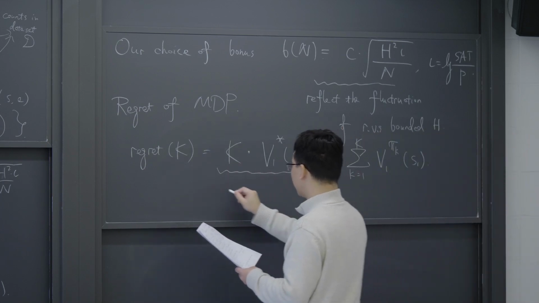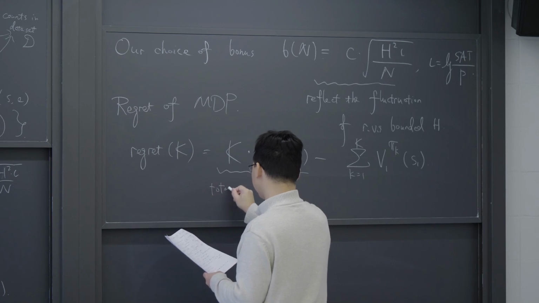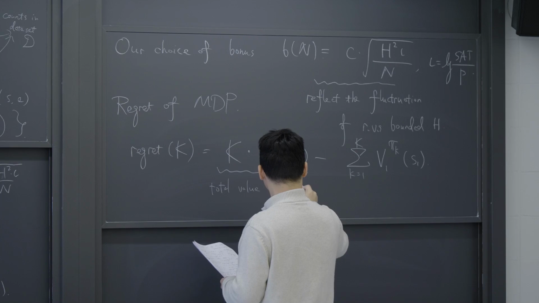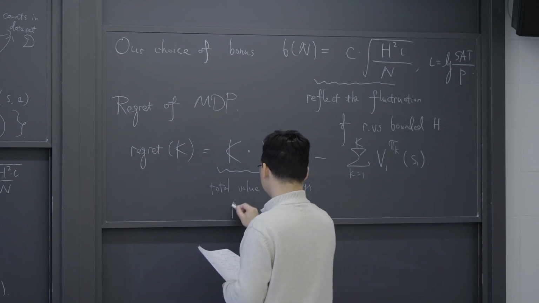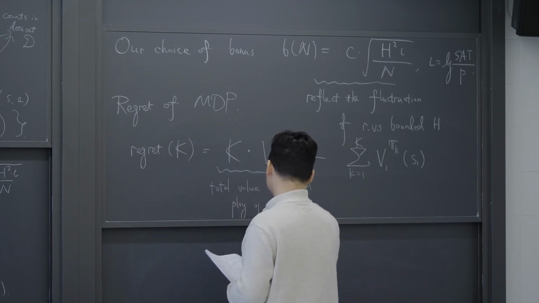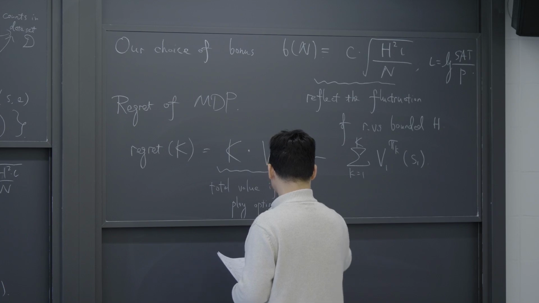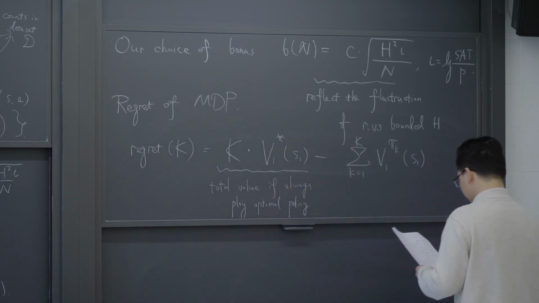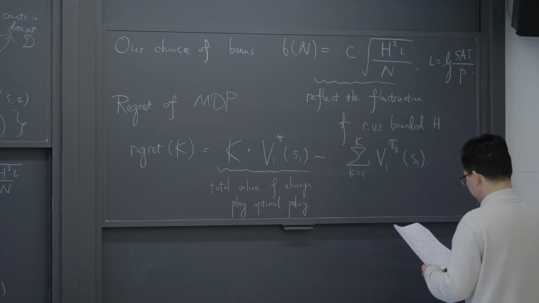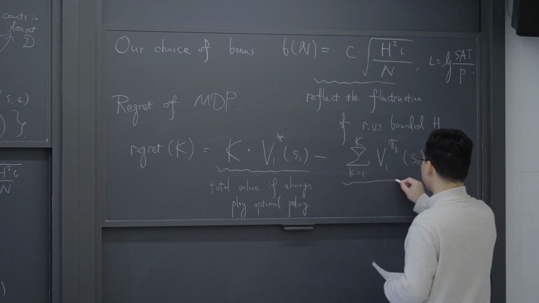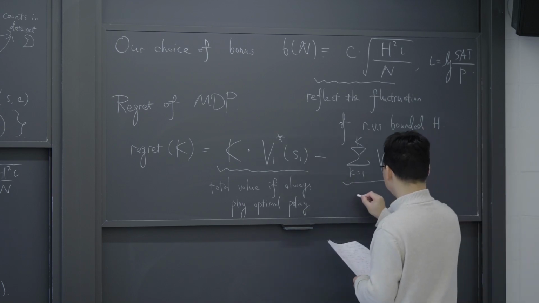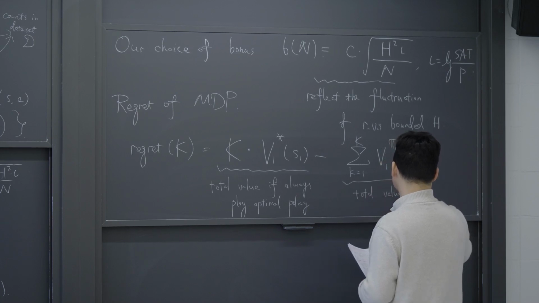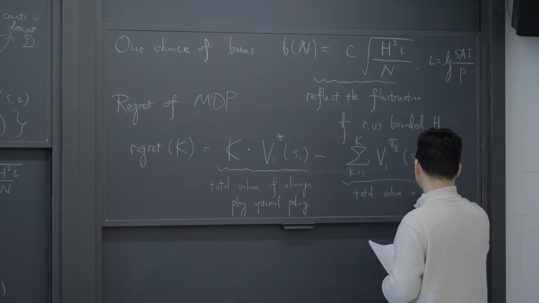This is the total value if we always play the optimal policy. This is the value achieved by the learner.